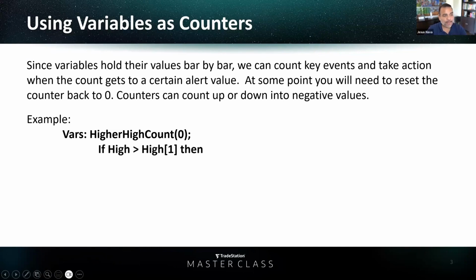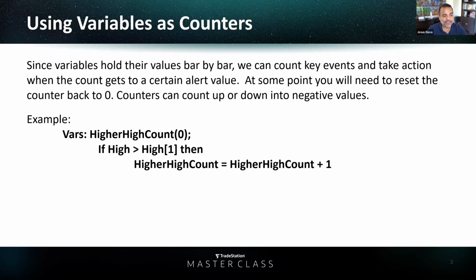then we set the conditions. If the high is greater than the high 1 bar ago, then notice how the counter works. Higher high count equals higher high count plus 1. So if we are at a starting point of 0 and our condition is true, where you find a high that is higher than the previous high, then we know that our counter is going to be incremented by 1.